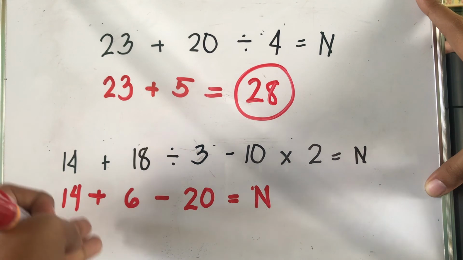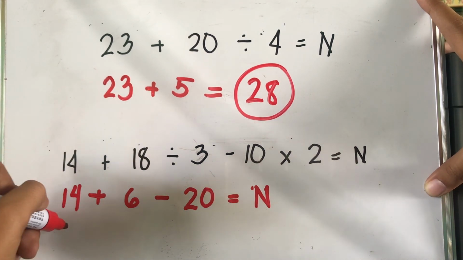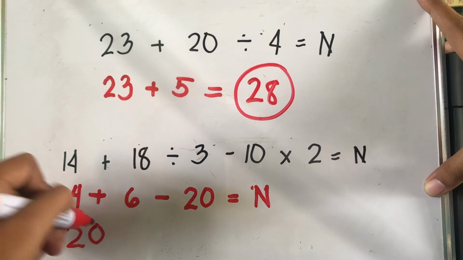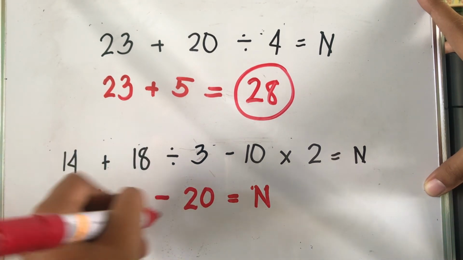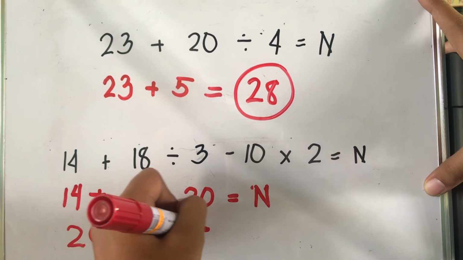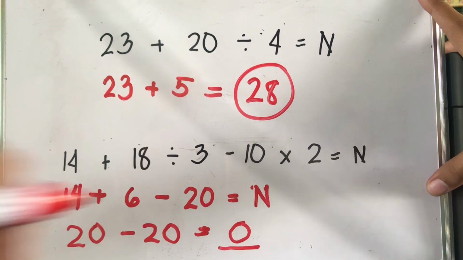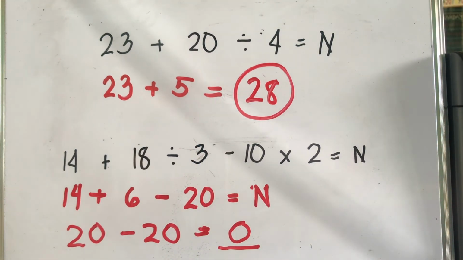So 14 plus 6 equals 20. And then minus 20 equals 0. So the final answer for 14 plus 18 divided by 3 minus 10 times 2 equals 0.